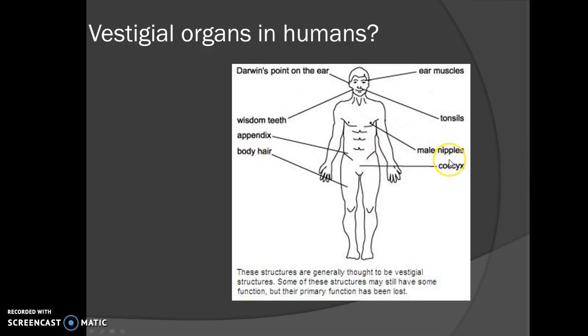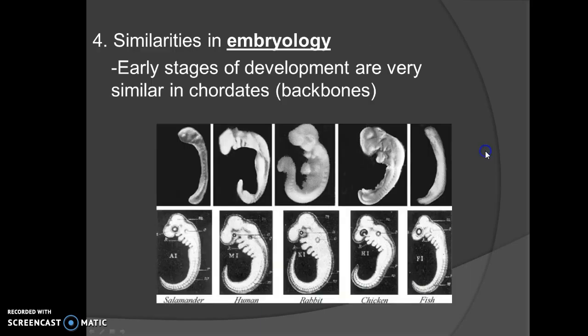Body hair, for humans, not necessary. For apes, anything that is out in the wild, other mammals, very important because they need that protection from the environment. A coccyx at the end of your tailbone, that is your tailbone, and males having nipples, not necessary. Vestigial.